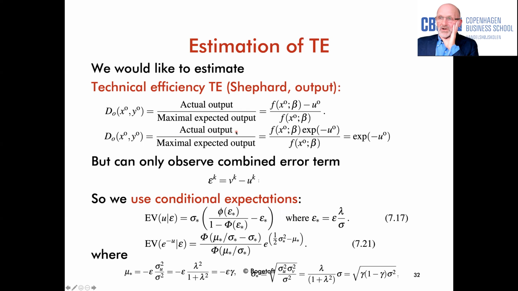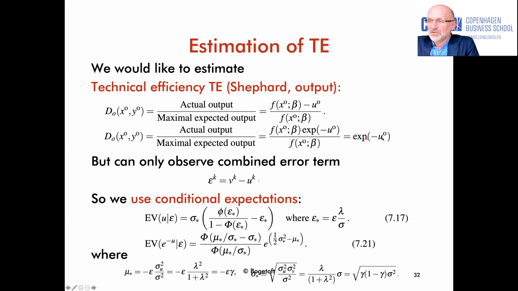The multiplicative one was that you observed this one, minus you had some error, and you might also have some noise, but we ignore that because we basically want to get rid of that kind of uncertainty. So you can say that the actual output is estimated by this one, and the maximum output is estimated by this one, and therefore the technical efficiency measure that we will use is this one over here.